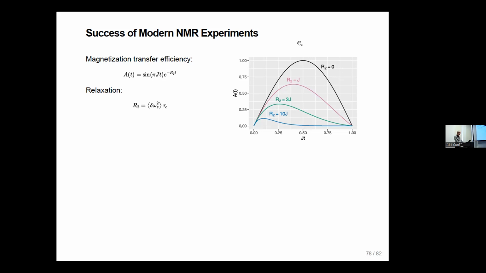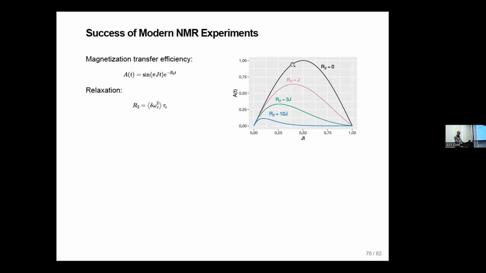We can adjust our evolution time to transfer all the coherence. As R2 gets larger, we can transfer less and less of the magnetization because it's decaying away faster than the J coupling builds up. And this tells you pretty much everything about modern NMR.